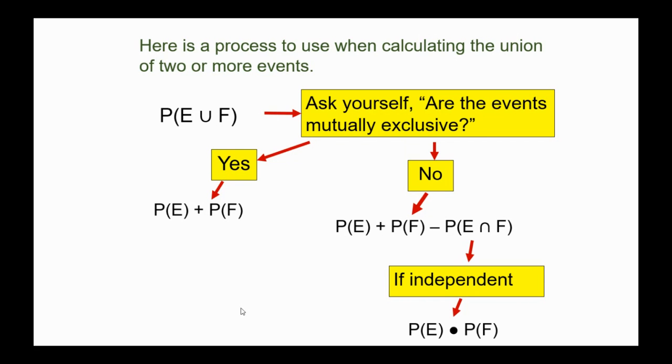Yes, Will. What does it mean when events are mutually exclusive? So mutually exclusive means that they have nothing in common. Like if I rolled a die and then flipped a coin, is there any way I could get the same result on those at the same time? No. So those are mutually exclusive. They have nothing in common.